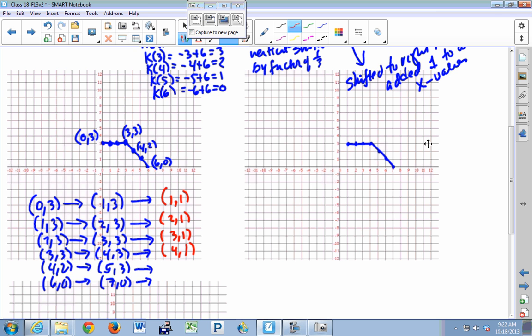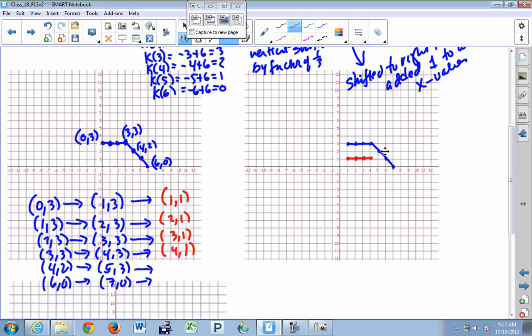So everything just gets shrunk down to 1/3 the height above the x-axis. Instead of being 3 above the x-axis, I'm now only 1. Then at 5, I was at 2.